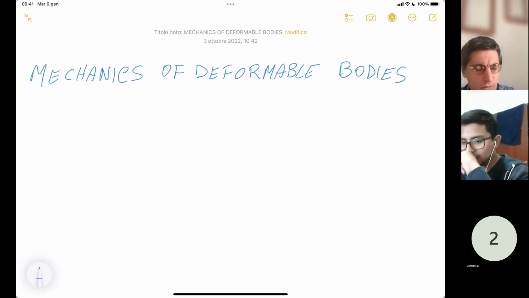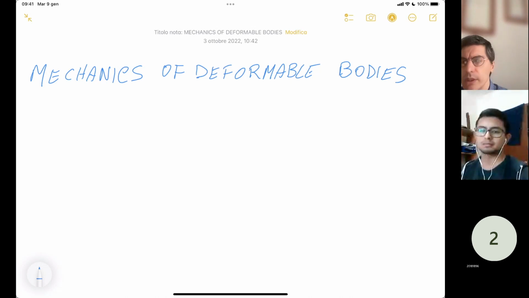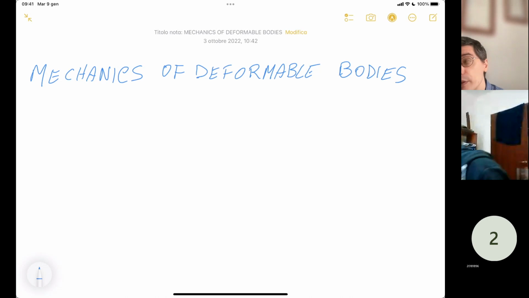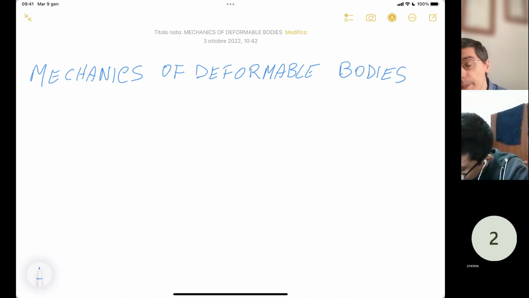Let's start by explaining something about these names. We have to define what a deformable body is, because we are interested in describing the deformation of a body, a continuous body.